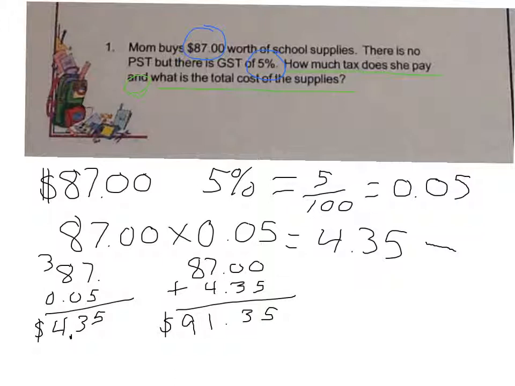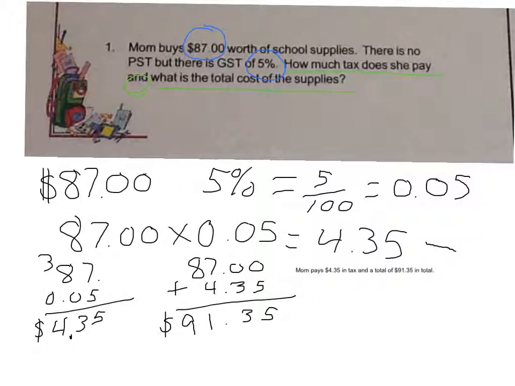So my final step then is to write my last sentence, and Mom pays, remembering my dollar sign, $4.35 in tax and a total of $91.35 in total. And I didn't put the dollar sign in here, so I'll just go back in here and make sure I put the dollar sign. And there we go. Now I've finished this entire question.